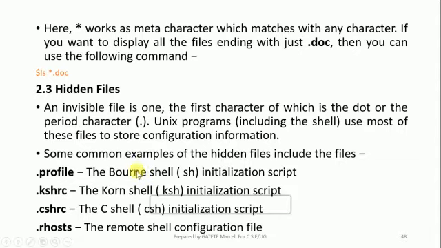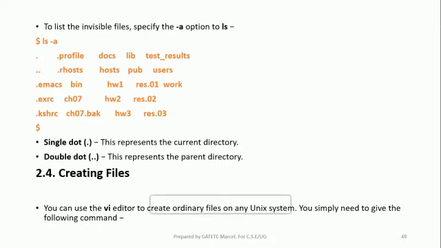If you are using a Bourne shell, the initialization file will start with dot profile. For the Korn shell, it will be kshrc. For the C shell, it will be cshrc. For the remote shell configuration file, it will be rhosts. Also, any ordinary file you can hide; if it is hidden, it will start by dot.